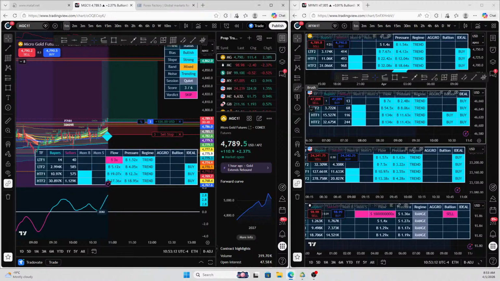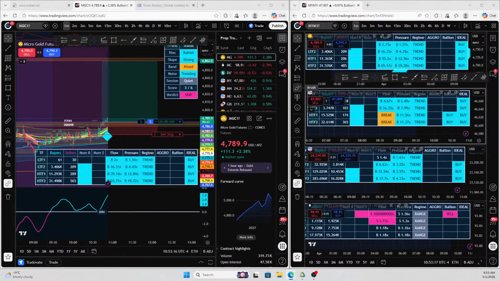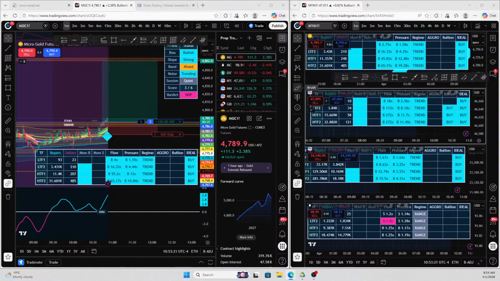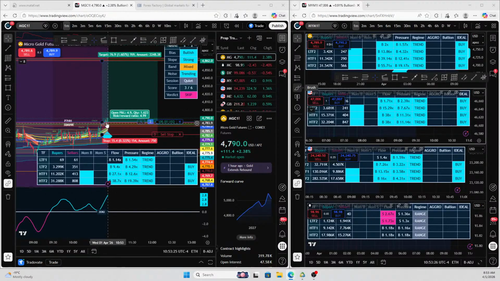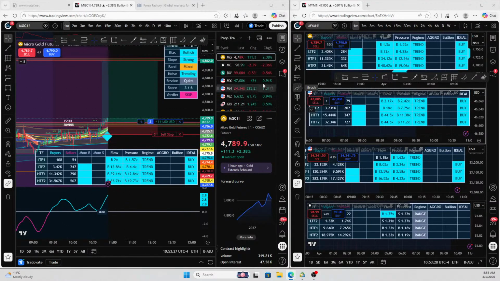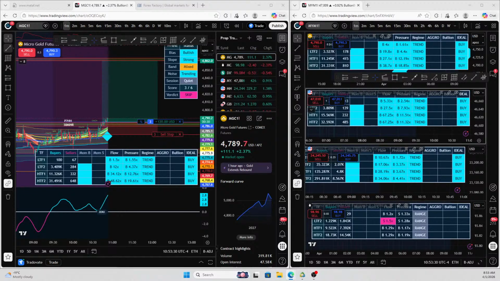So let's see if we can see any news that came out. Okay, this could be pretty much, the war might be ending soon. So let's see if we can see this push follow through.